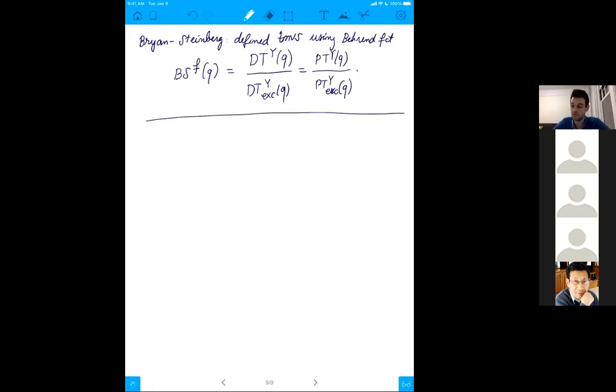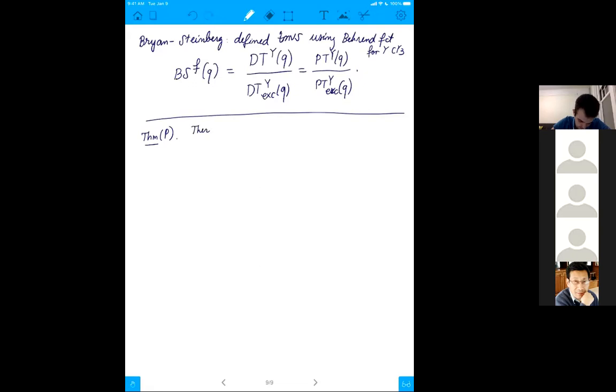So we would like to define this invariant for Y not necessarily Calabi-Yau, and state a similar wall crossing in the non-Calabi-Yau case. As I was saying, in the non-Calabi-Yau case, we do not have this Behrend function, so we actually have to construct virtual fundamental classes.